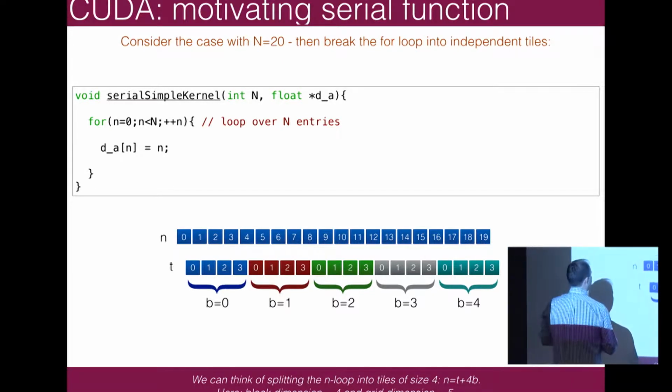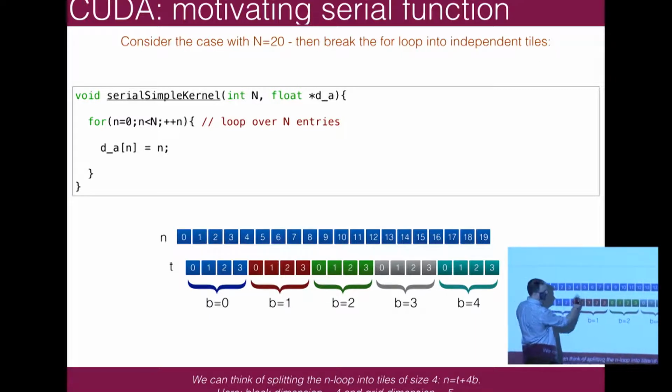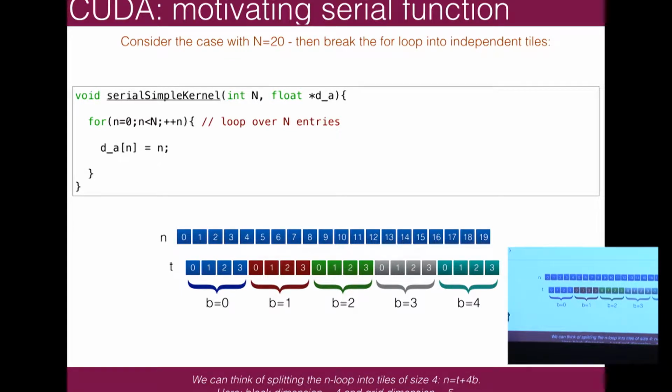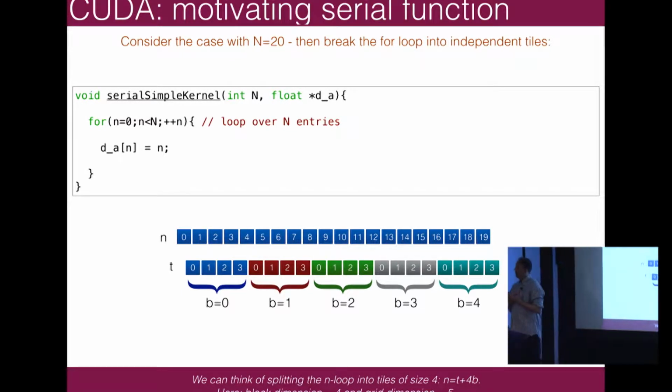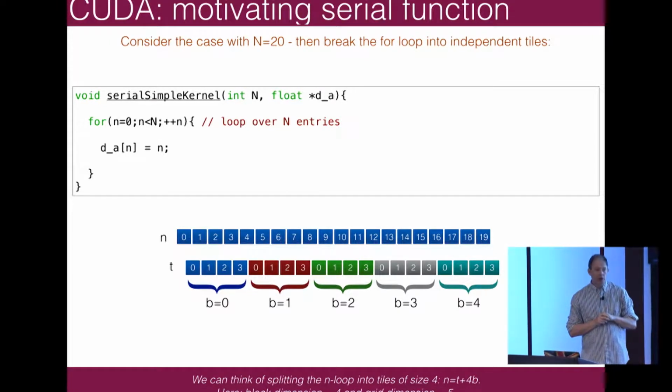So in this example, let's assume capital N is 20, so my n range is 0 to 19. And the standard mental model that you're encouraged to use in CUDA is loop partitioning or loop blocking.